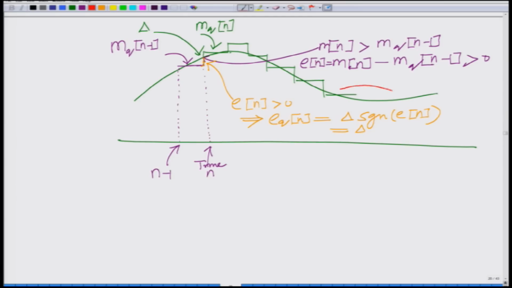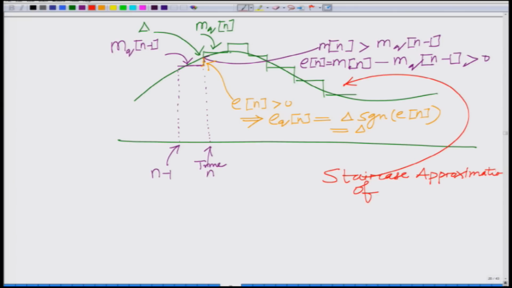So, this is how you get a staircase approximation of the original signal.